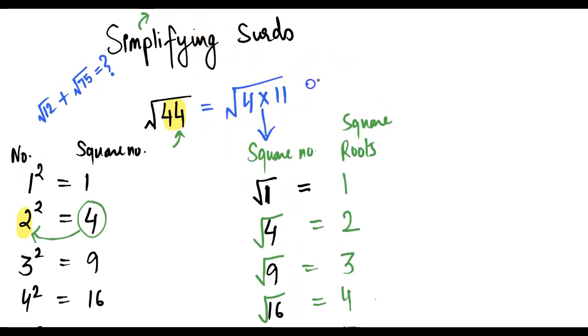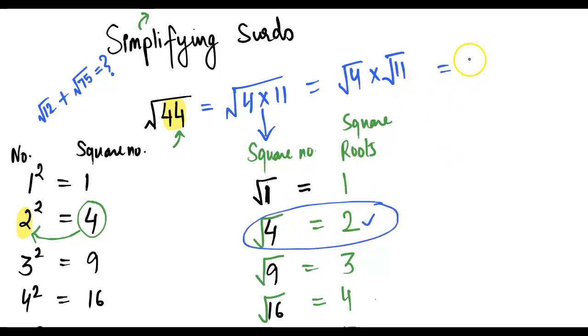Okay, now tell me, what is the square root of 4? This is what we did in our first and second lessons. We multiply under the root, so we can split it up: square root 4 times square root 11. And we know that square root 4 is nothing but 2. So we write 2 here and square root 11. This is our answer.